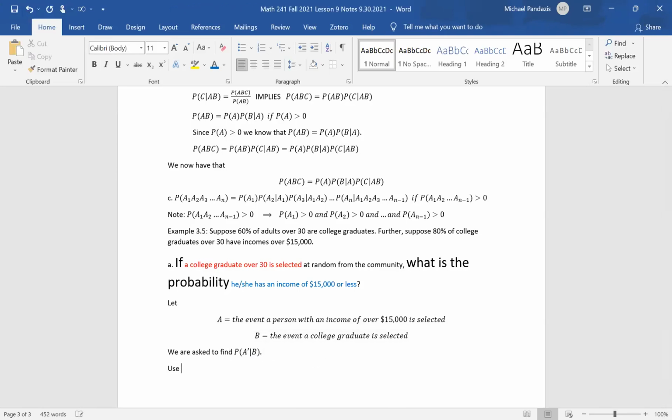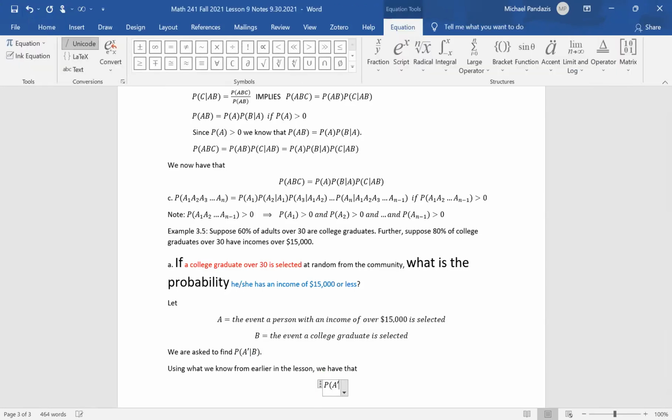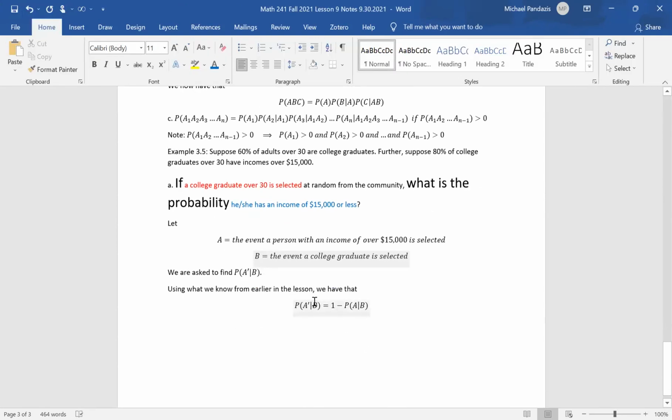Okay, using what we know from earlier in the lesson, the probability of A prime given B is equal to 1 minus the probability of A given B. So we have reduced the problem to finding the probability of A given B and substituting it into the equation just above.